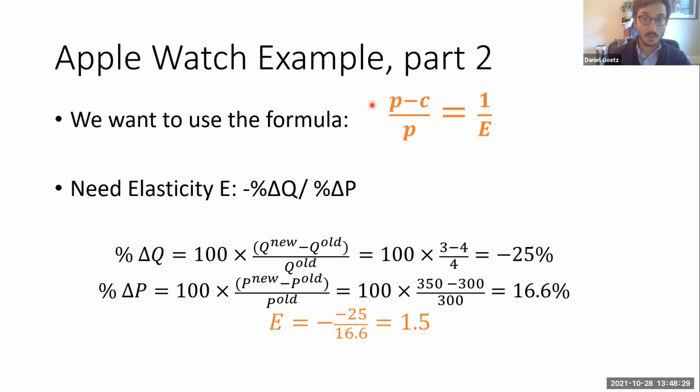As E goes up, and so the right-hand side becomes smaller and closer to 0, for the left-hand side to still be equal, P minus C also needs to shrink. So as people become more and more price sensitive, as E goes up and up, P minus C becomes smaller and smaller. So our markup goes down, right? When people are sensitive, we can't charge a very high markup over our costs. We need to charge a low markup. So that's kind of the intuition behind the formula.